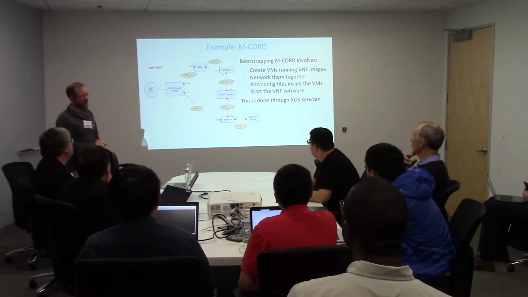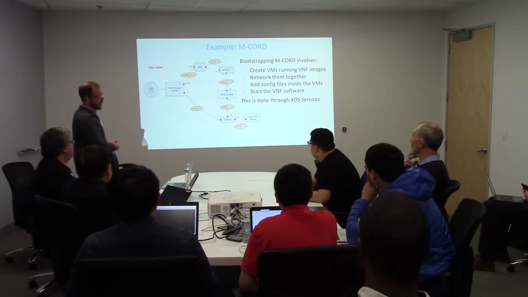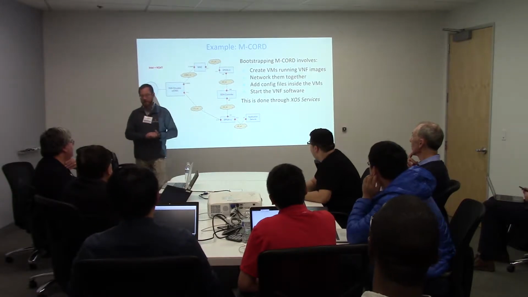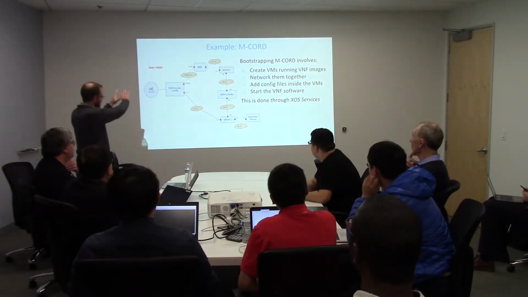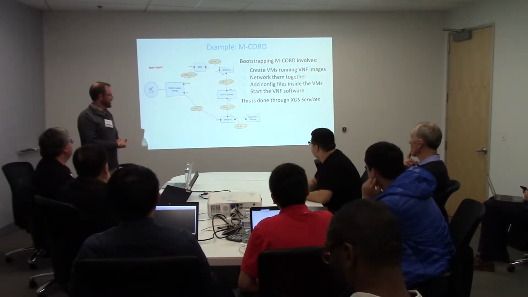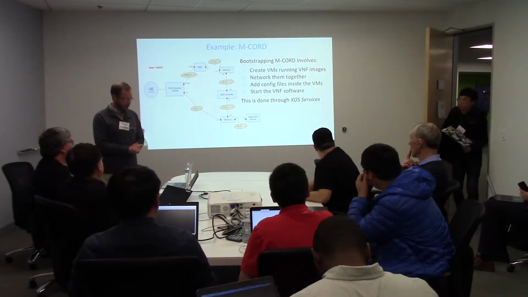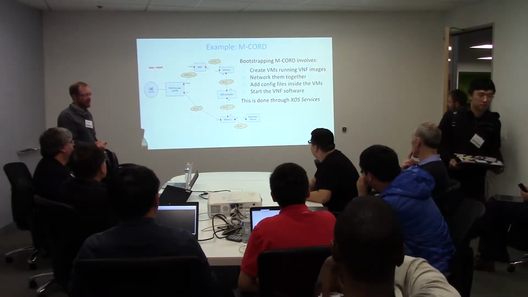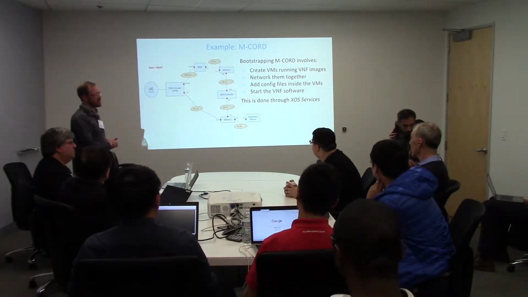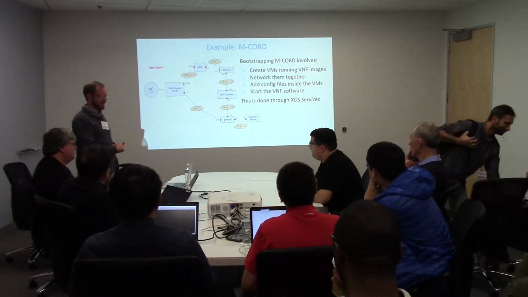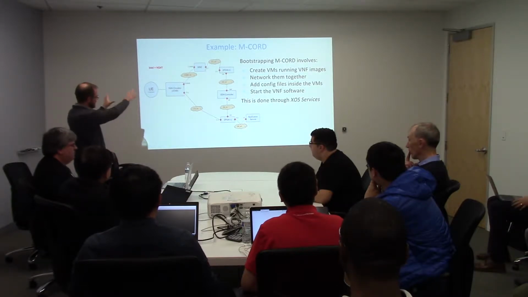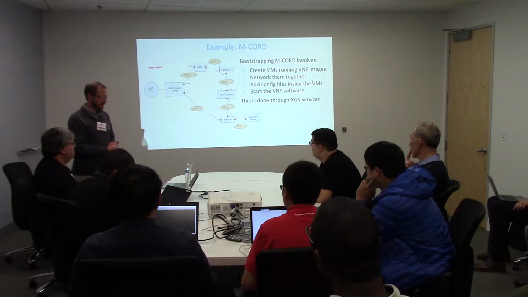Bootstrapping this use case in Cord involves creating all of these VMs running different VNF images. It involves networking them all together to create this bigger picture. The red dots are the interfaces that connect the VMs to the network. Once you have these VMs up and running, you need to do some configuration inside the VM to set up the VNF, and then actually start the VNF software up. That's just to bootstrap the use case and get things running.